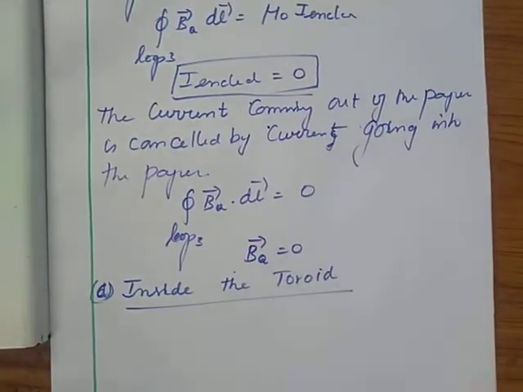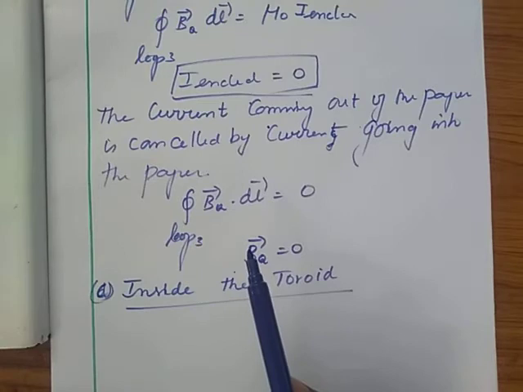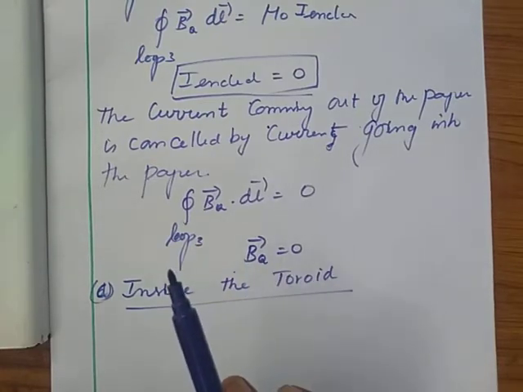Then let me see the magnetic field inside the toroid. We know very well that inside the toroid the magnetic field is constant and it is parallel to the direction of that toroid.